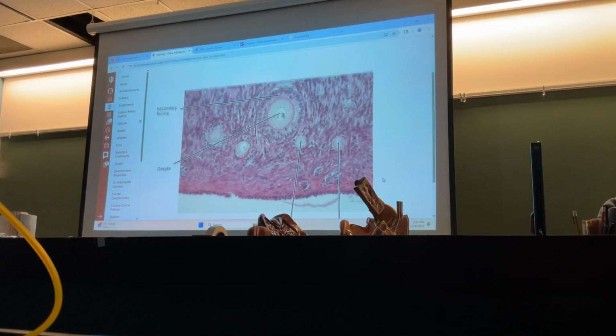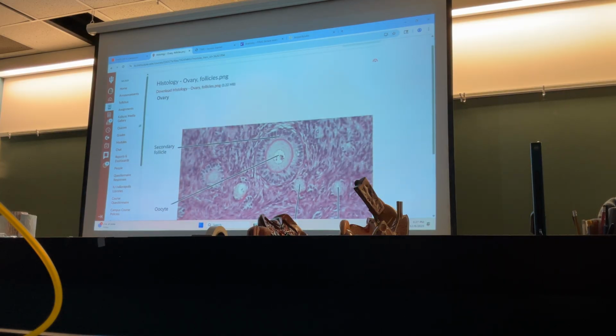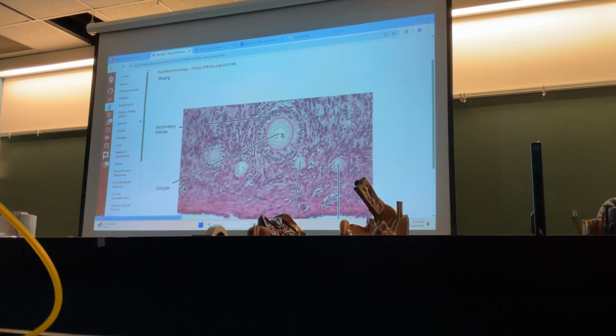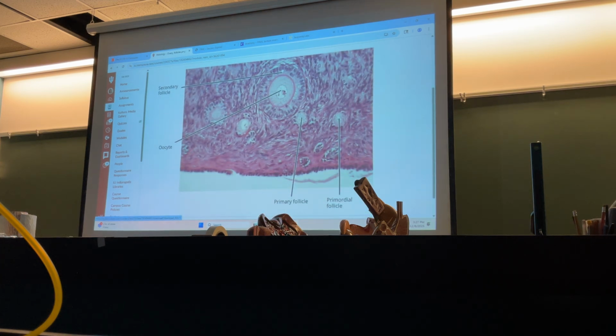Okay. How can you tell that this is a secondary follicle compared to a primary? What's something to look for? The transition from cuboidal to the... So they'll still be cuboidal. My understanding is they'll still be cuboidal, but you'll have multiple layers. In the primary follicle, they almost look like squamous cells to me, but it's going to be one layer.